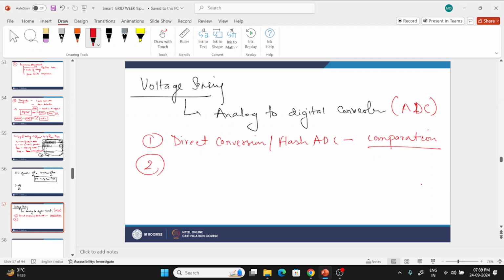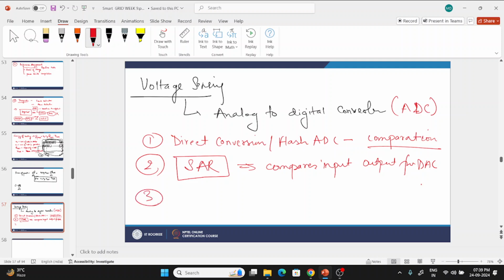Next is the successive approximation, SAR. It compares the input to the output from the DAC and uses the feedback. Another architecture of ADC is delta sigma, delta sigma based.